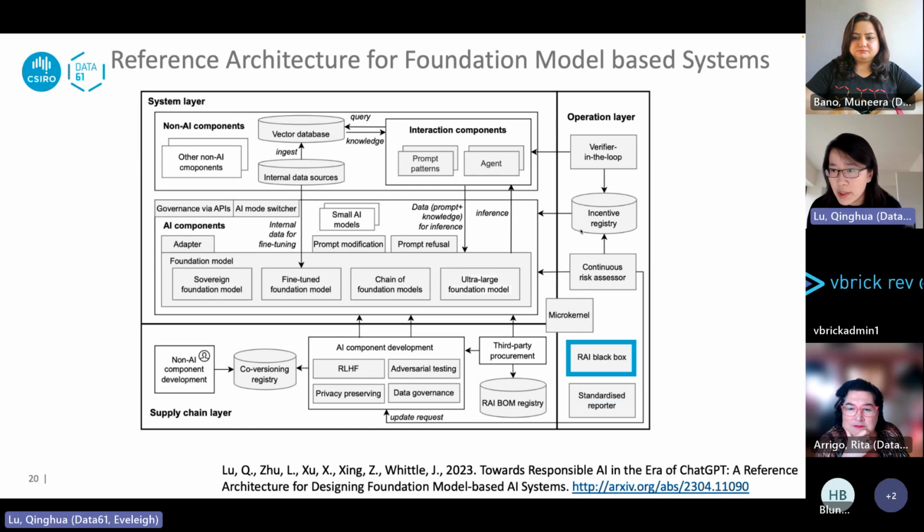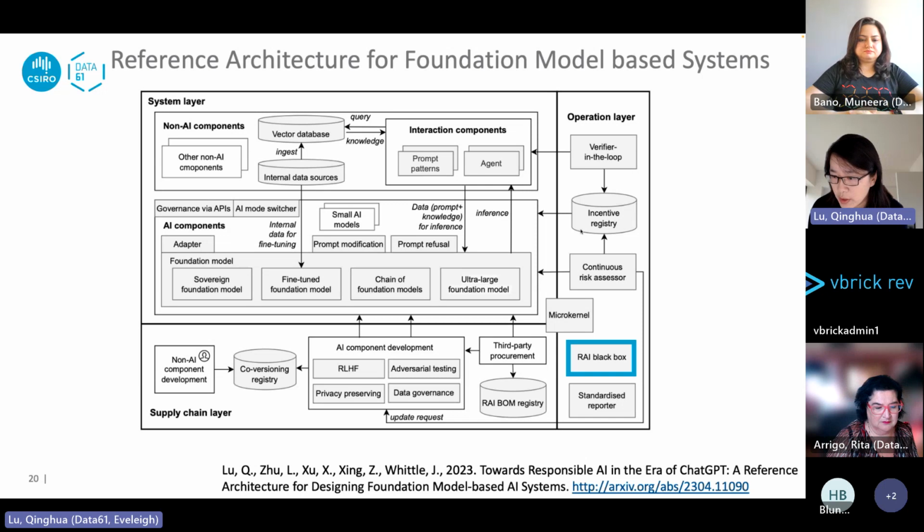For example, for the operation layer, we have a responsible AI black box. It can record the critical information or data at runtime. For example, we can record the input or output of the vector database. So later we can use the data recorded by the black box to identify liability if some incidents happen.